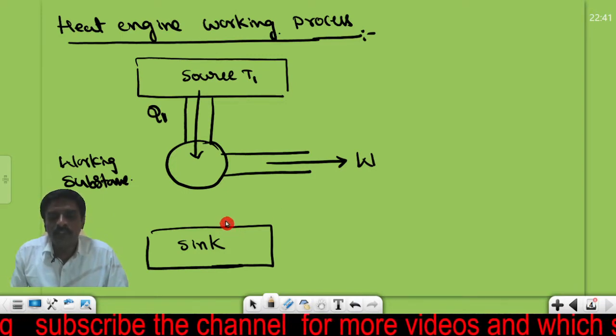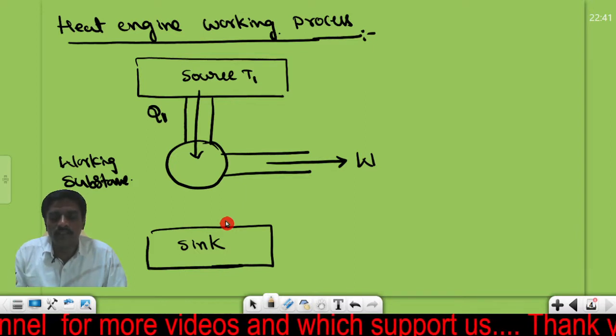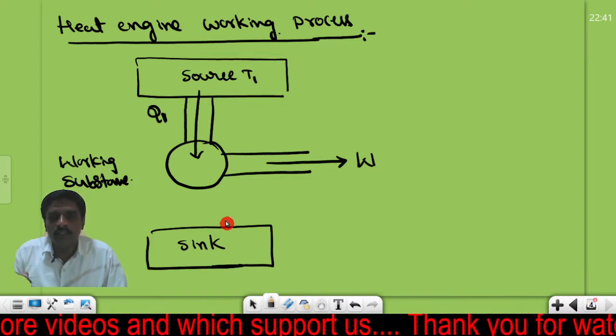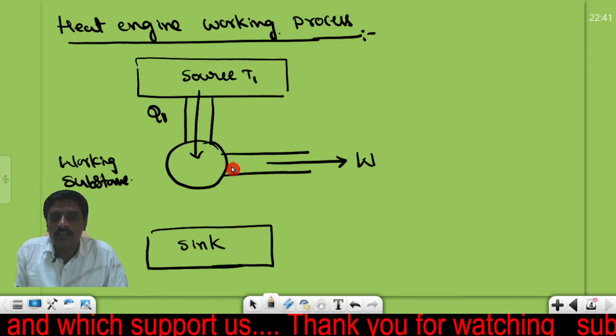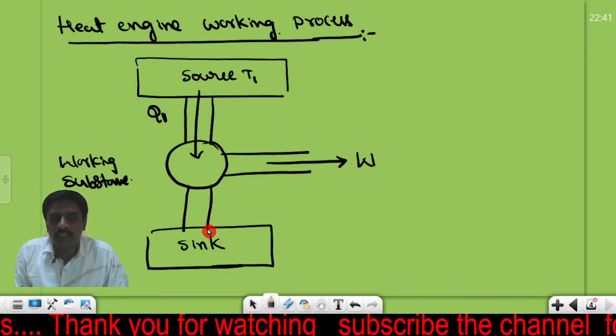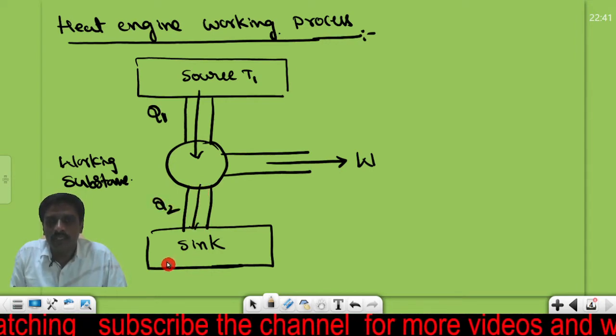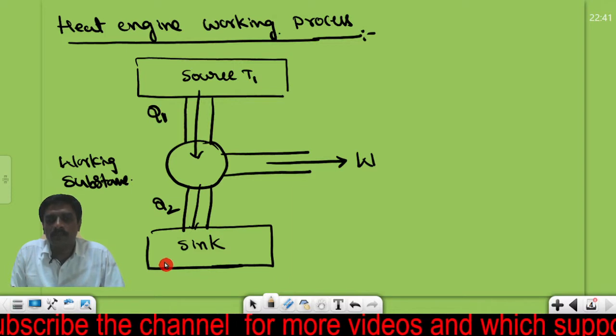Due to the expansion, the working substance goes to another state. To bring the working substance back to its initial condition, the remaining energy is released to the sink. We call that energy Q2. Q2 amount of heat energy is sent to the sink.